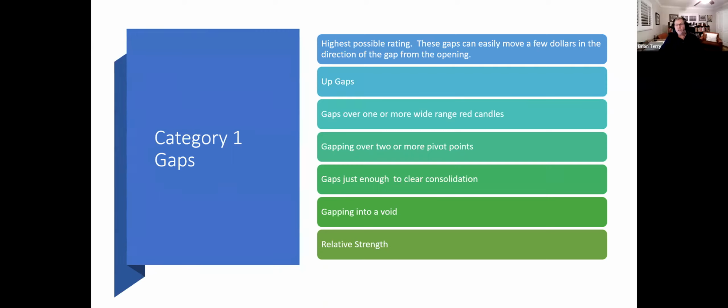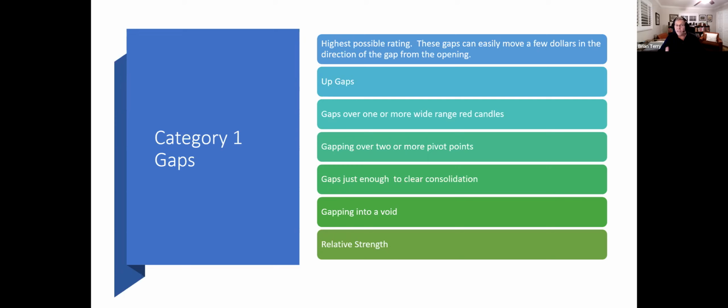So there are 3 categories of gaps: 1, 2, and 3. And 1 is obviously the highest possible rating. These are your ideal trades: if you see this setup and it meets all of the criteria, this is a trade we want to look at from a long standpoint. And if it's a category 1 down gap, then we would go short.